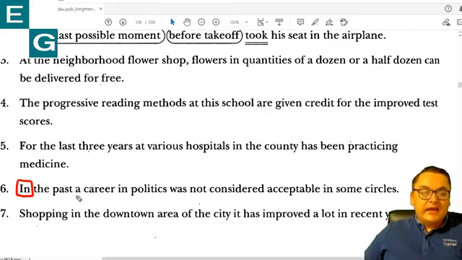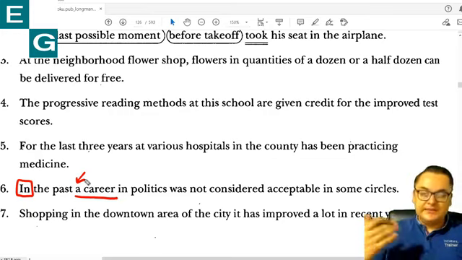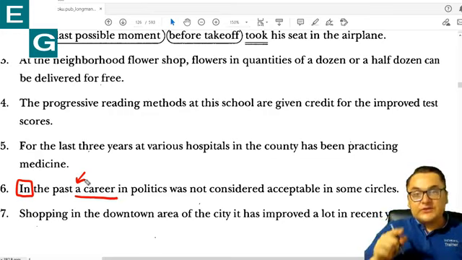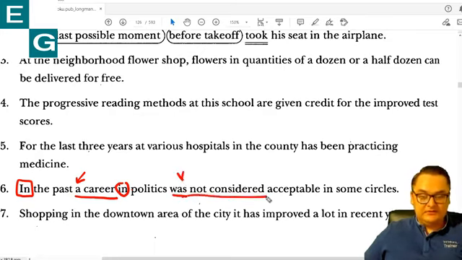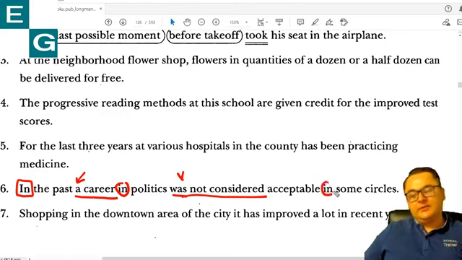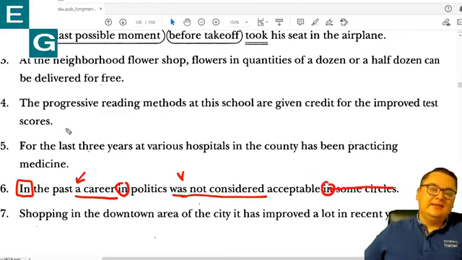A career, okay, a career starts with one of the words I mentioned earlier, so this could be my subject. In politics is another preposition, I don't need it. And here's my verb: was not considered. Then I have another preposition, but that is not that important.